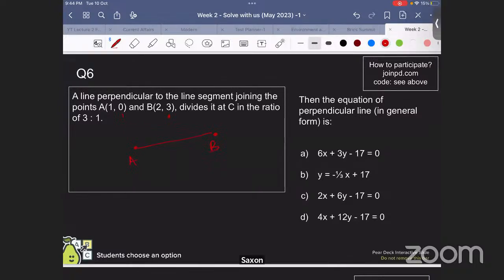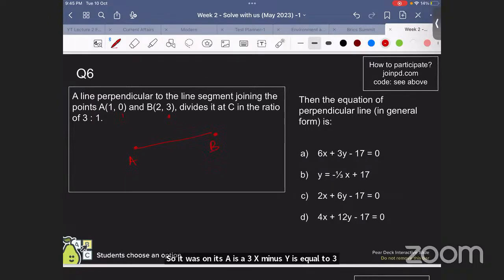So the equation of AB is 3x minus y equals 3.